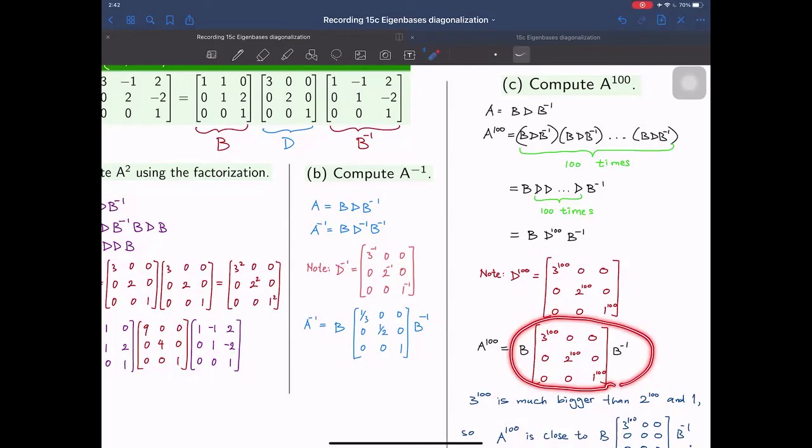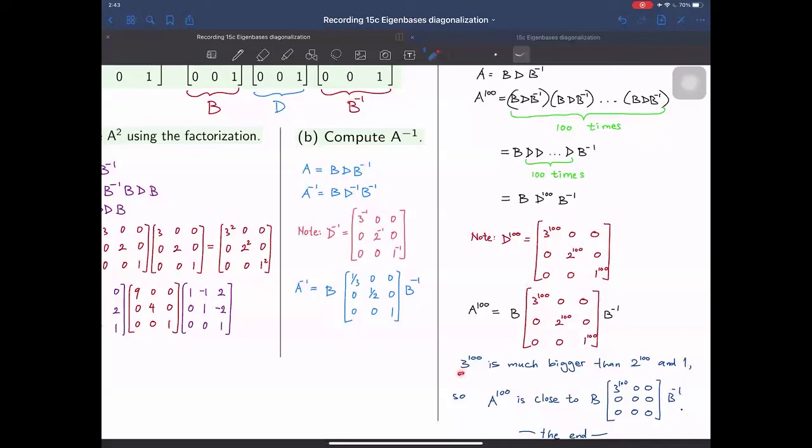And this is much easier to compute than to compute A 100 times, because now I just have a product of 3 matrices instead of a product of 100 matrices. Note that 3 to the 100 here is much bigger than 2 to the 100 or 1 to the 100, which is just 1. So this matrix is close to this matrix.